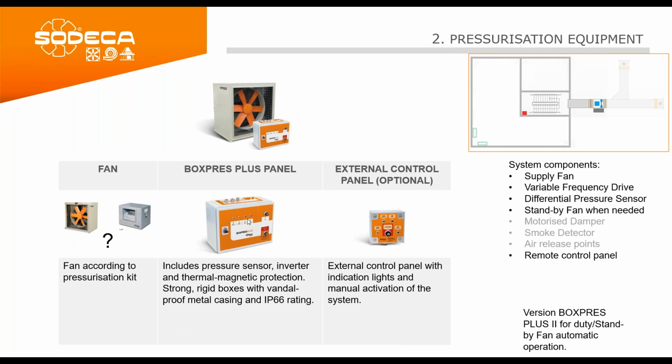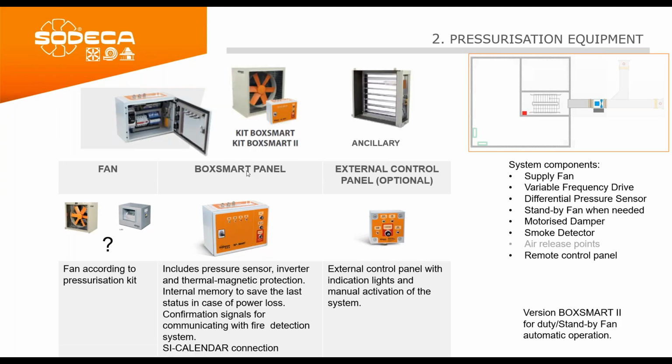I haven't said that with this Kit Box Smart, we can connect the damper box, one or two. One, if we install the air intake on the ground floor, or two, if we install the air intake at the roof.